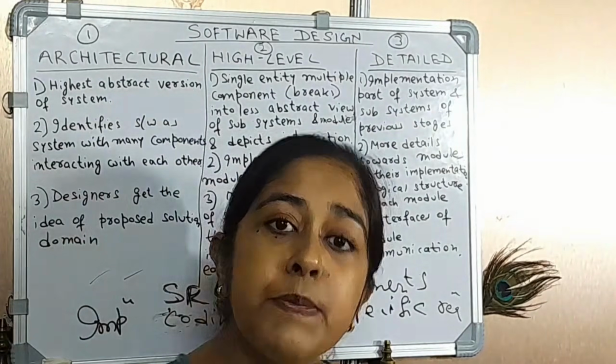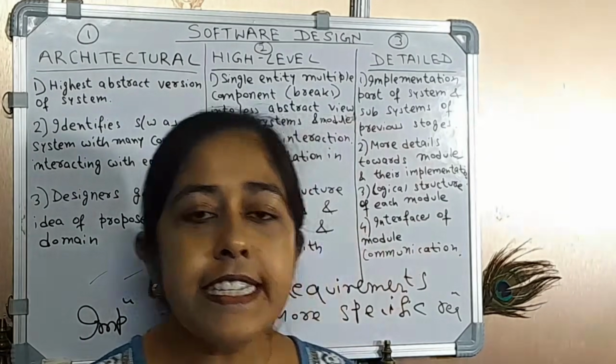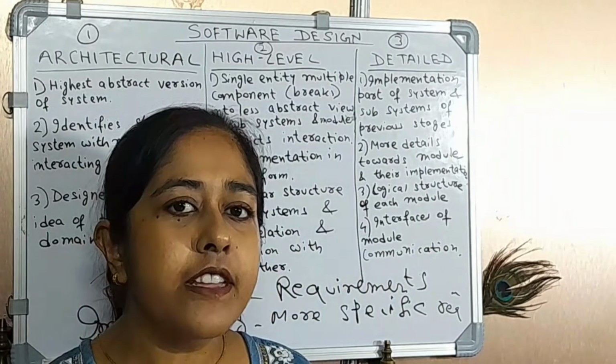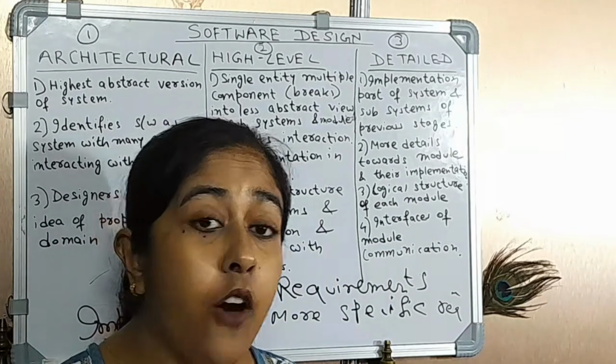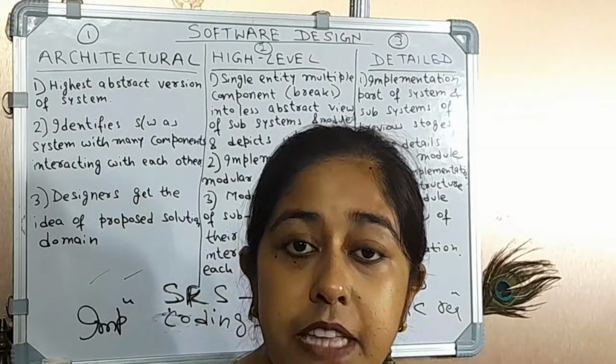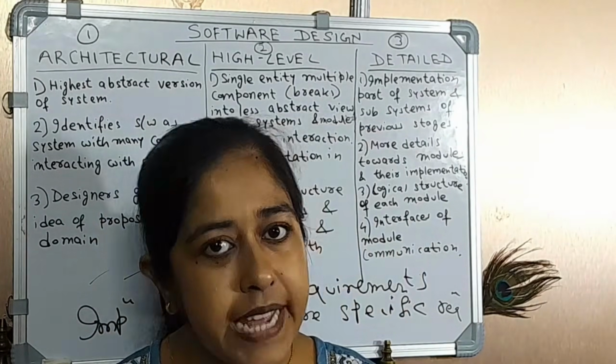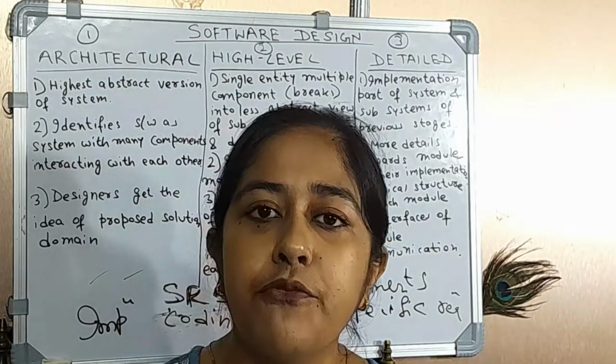At that time, more specific requirements have to be there, since at this time you only have the requirements of the customer, but how you are going to deal with those requirements, how you are going to implement those requirements in your software.